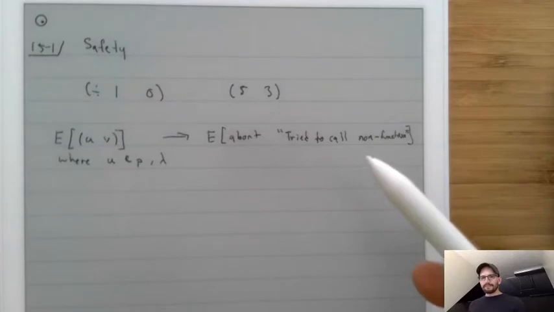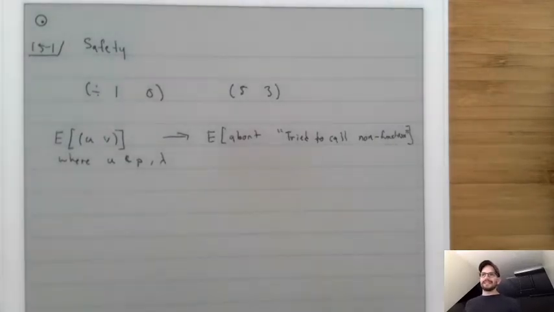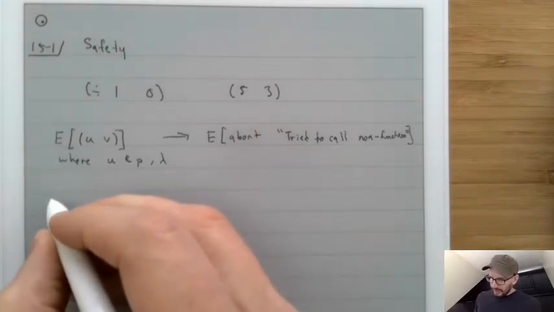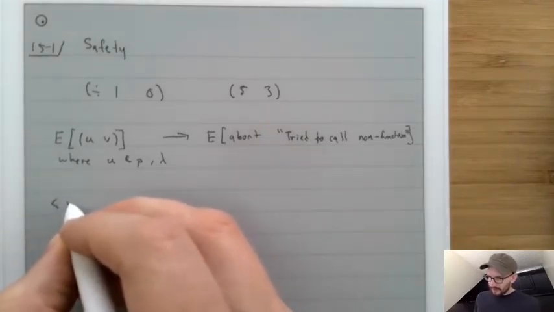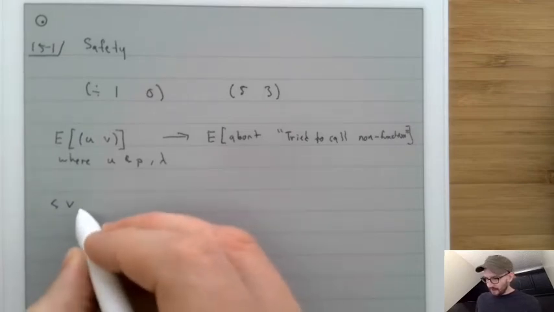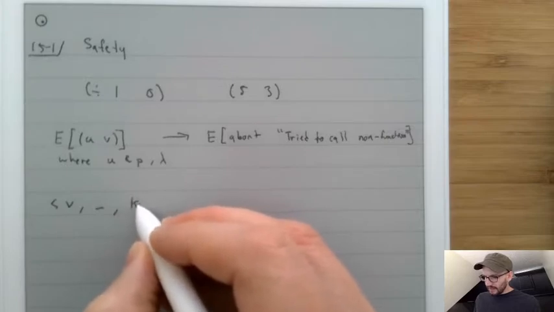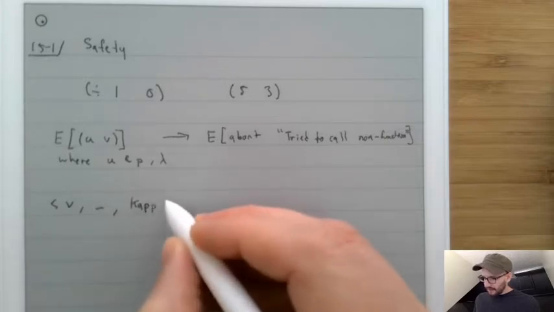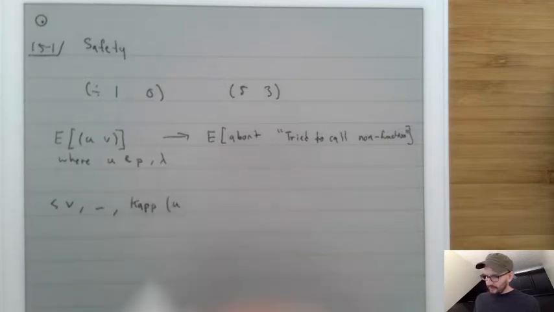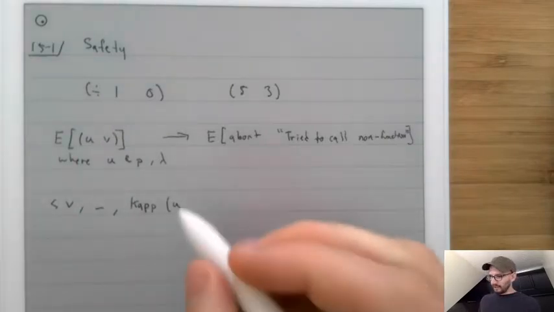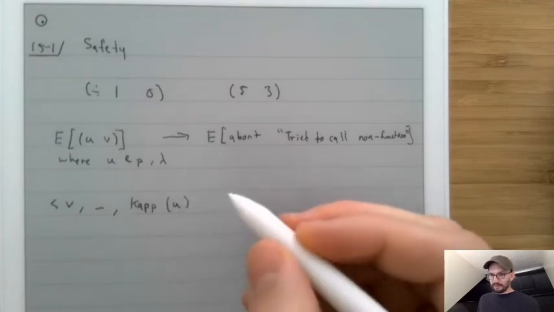Okay, but now translating this to our CEK machine, what happens? Well, in our CEK machine, we would have a rule that would look like this. You've got V, and then there's some environment that we don't care about. Then there's a K app, and the first piece of the application would be some U, that means some value.